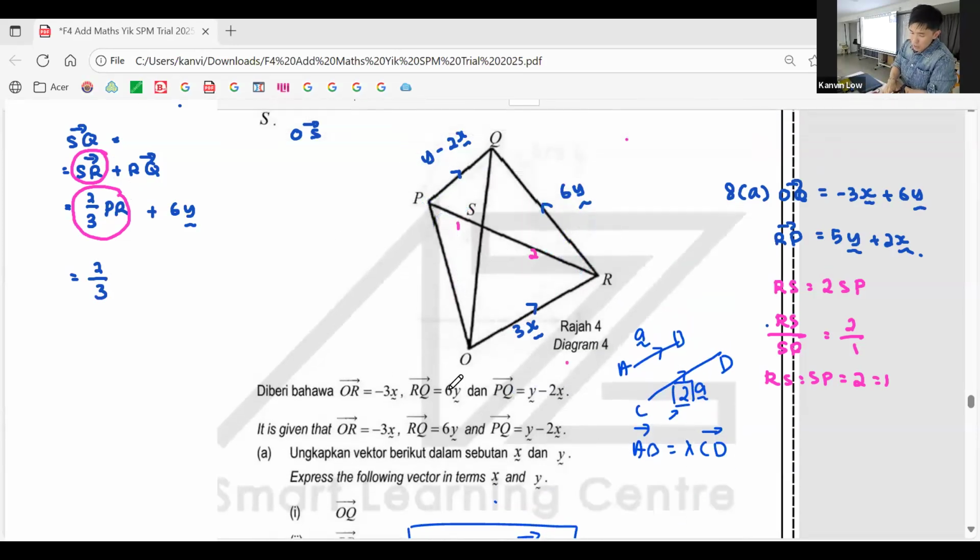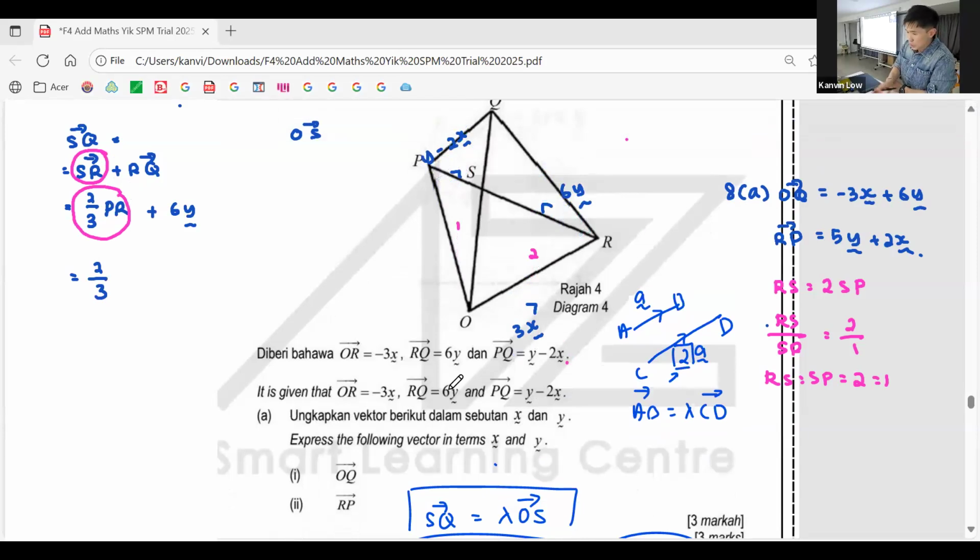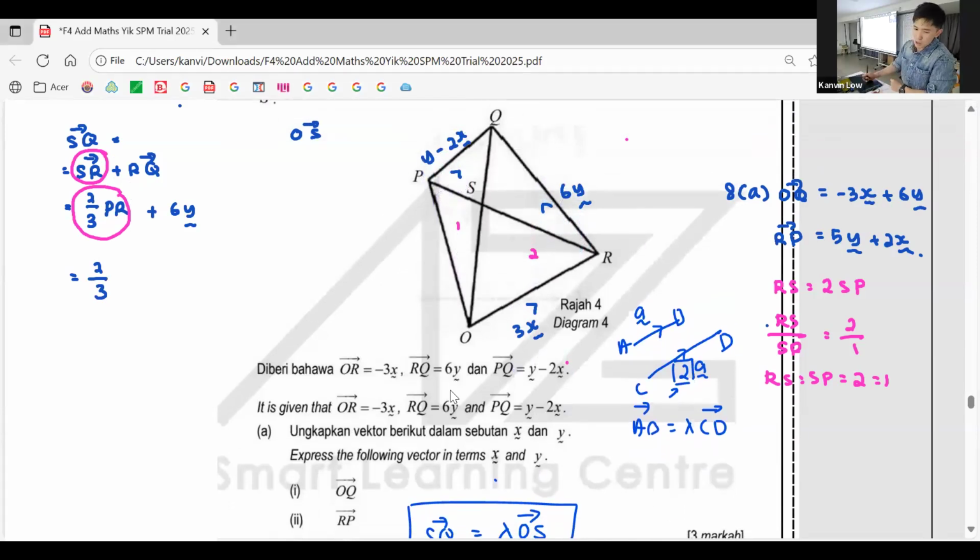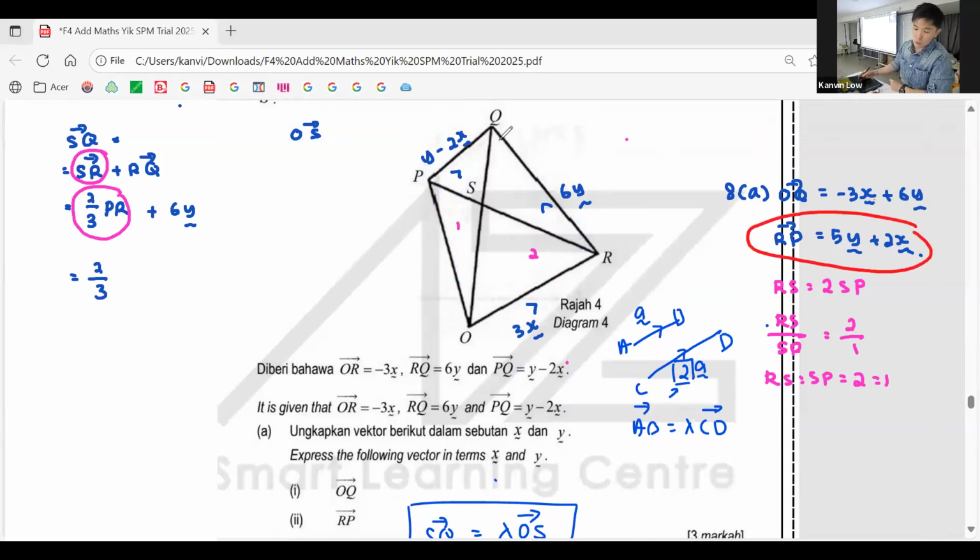We already got RP is equals to that value, right? So PR is terbalik. We can get it from positive to negative. So it's negative 5Y minus 2X. Do you get what I mean, everyone? Then after that, you open bracket and then you simplify it. You will be able to get this. So our SQ will be equals to 8 over 3Y minus 4 over 3X.